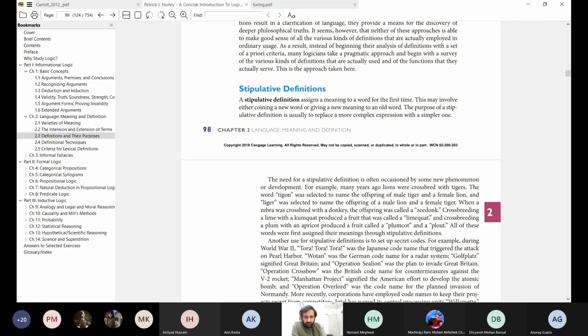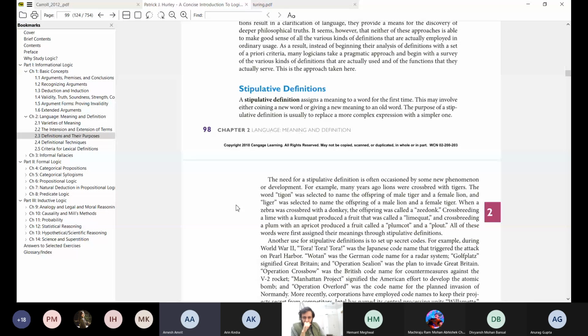A stipulative definition assigns a meaning to a word for the first time. This may involve either coining a new word or giving a new meaning to an old word. The purpose of a stipulative definition is usually to replace a more complex expression with a simpler one. The need for a stipulative definition is often occasioned by some new phenomena or development.